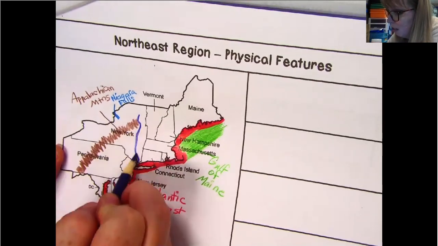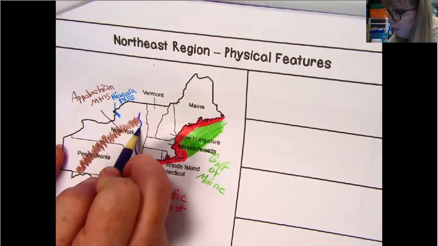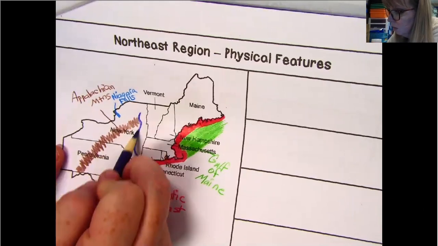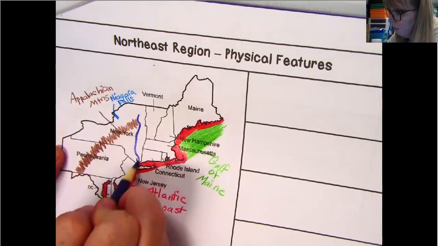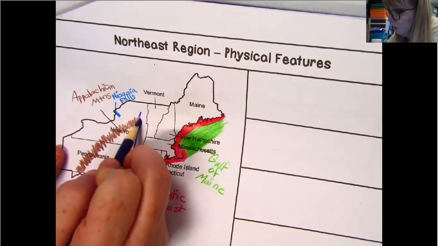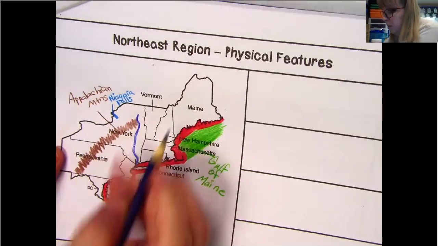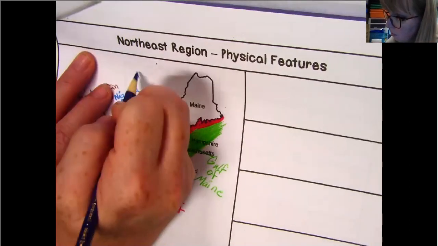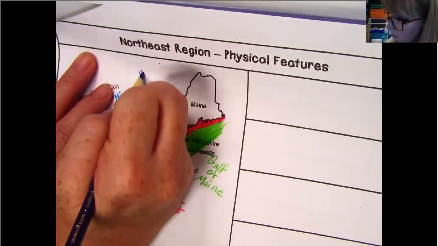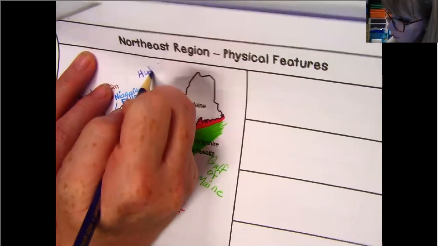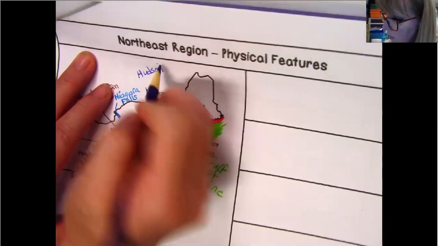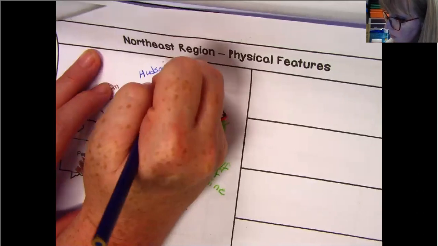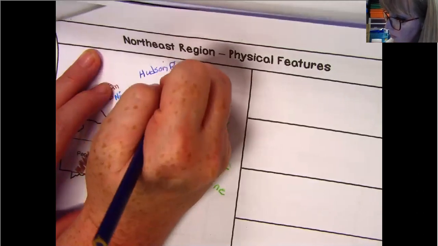It's because the Elmo distorts colors. Okay. This one, it's Hudson River.